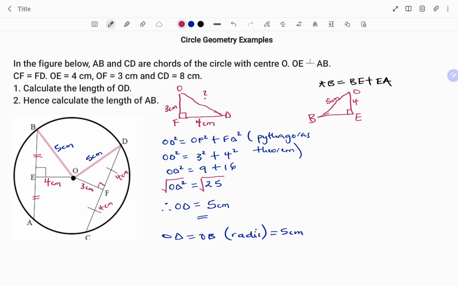OE, 4 centimeters. I'm looking for my BE. So using the Pythagoras theorem, the longer side, your hypotenuse, OB squared equals OE squared plus BE squared. And the reason is Pythagoras theorem.